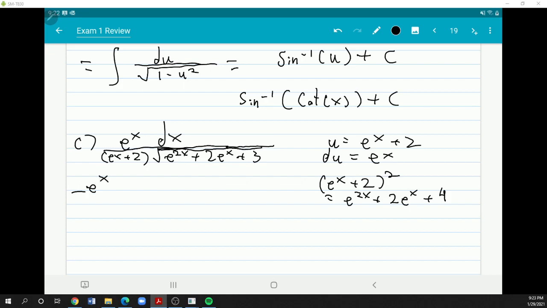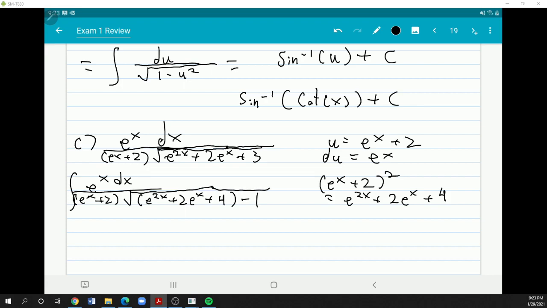So I can rewrite this integral as e to the x dx over e to the x plus 2 times the square root of e to the 2x plus 4e to the x plus 4. But I only had plus 3, so I can subtract out a 1.